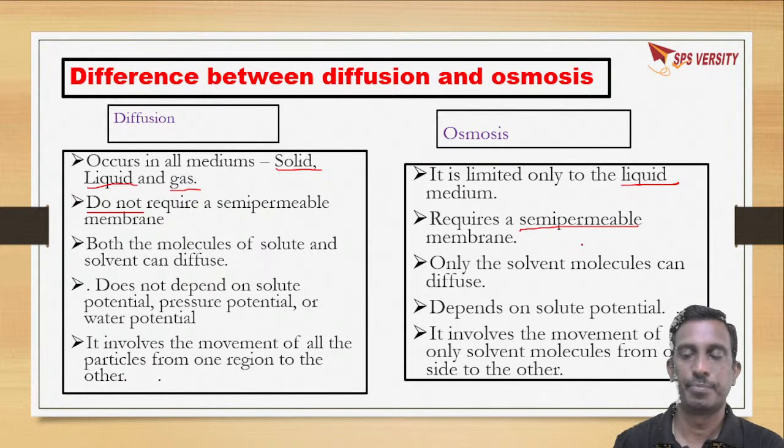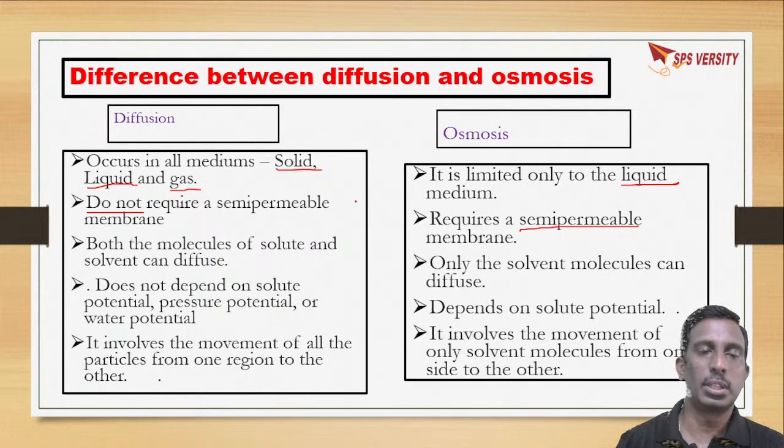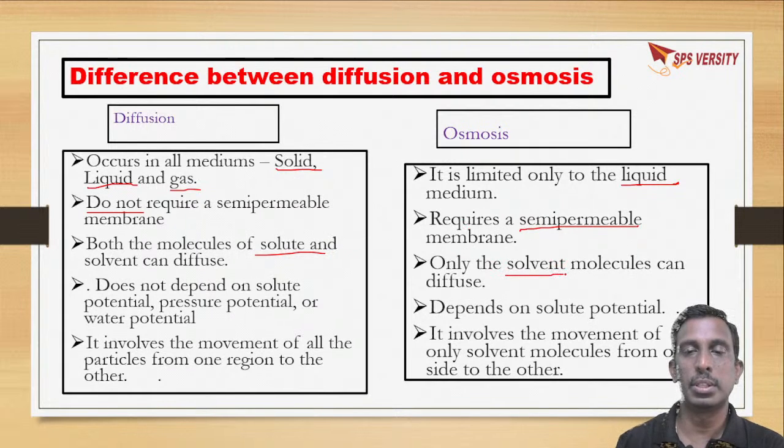In diffusion both solute and solvent can move, but in osmosis only solvent molecules diffuse. Diffusion depends on concentration gradient; osmosis depends on solute potential. So here only solvent molecules move, there all particles move.